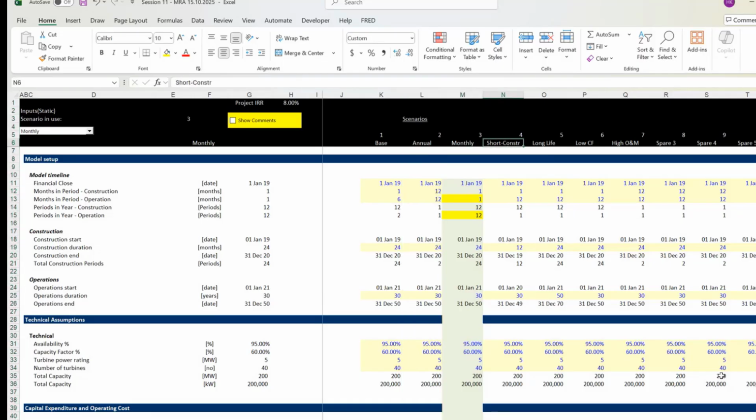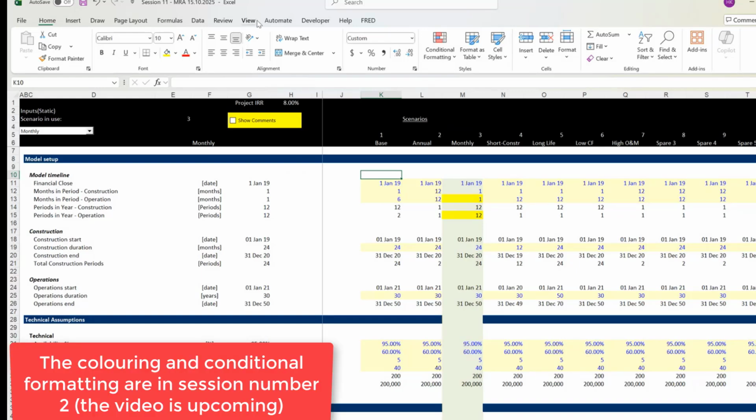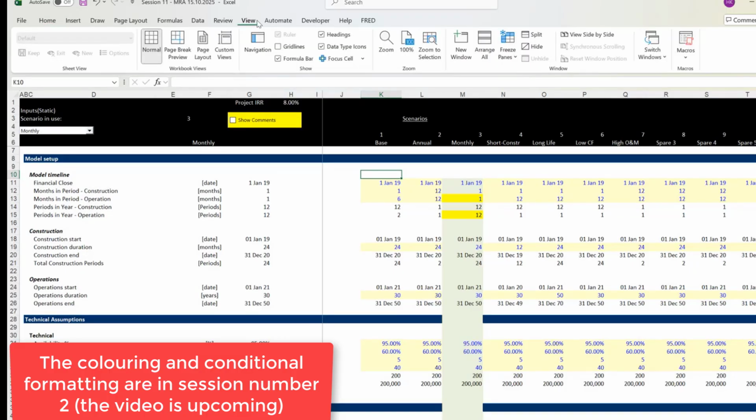So we'll look at how we'd model an MRA with annual or monthly flows, and I just want to show you some little tricks. I'd love to hear comments on this from people.